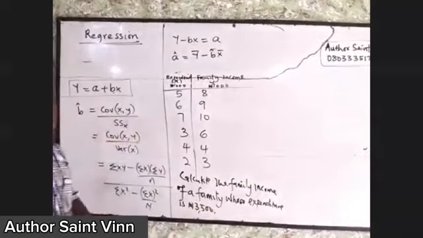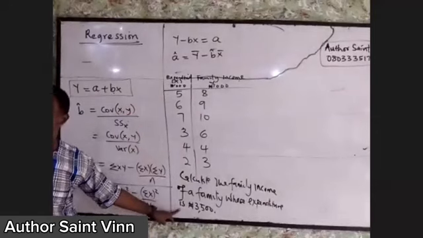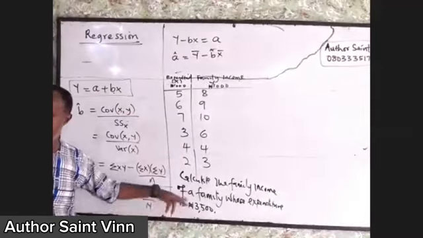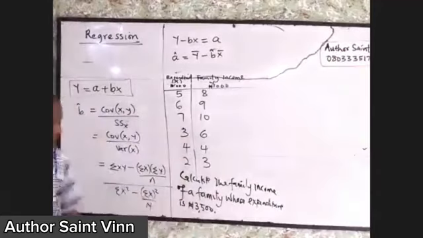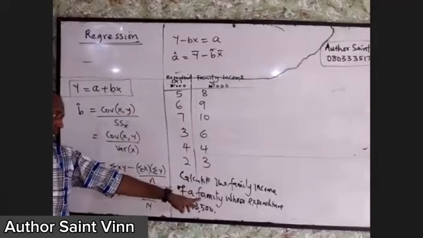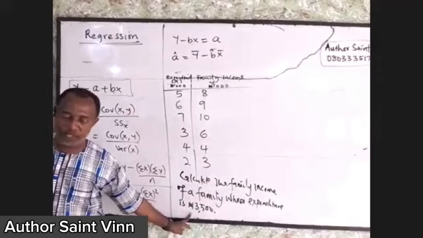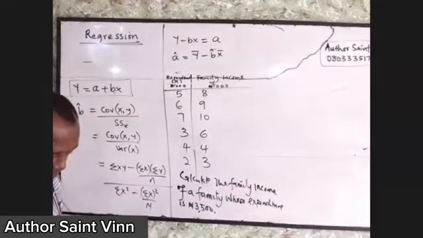Full stop. You can see that after calculating the regression, we can now predict. We are predicting what the family income will be when expenditure is 3,500. So that's what we use regression to do, to predict.